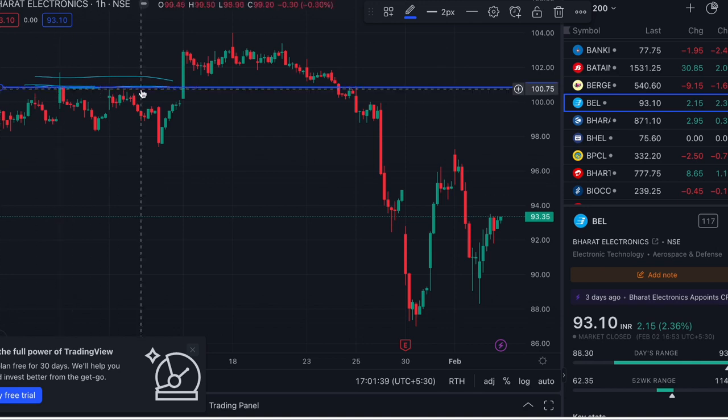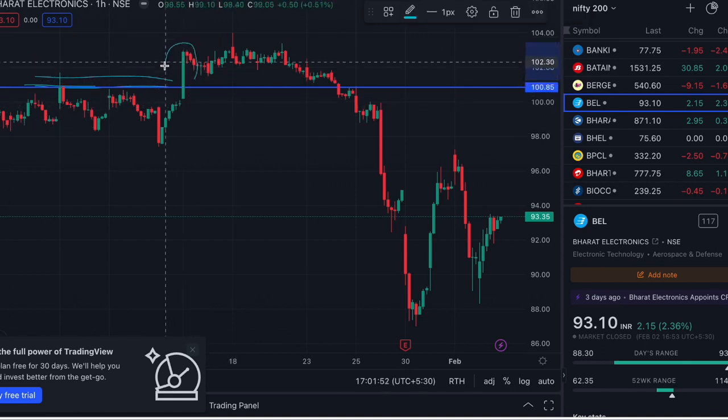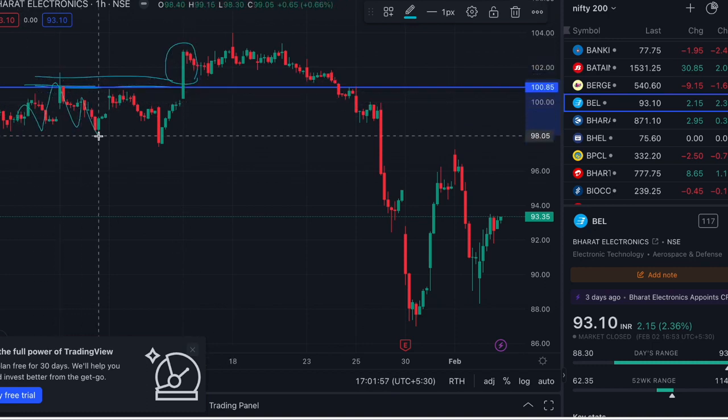After marking this, we have to look at the three conditions that we have learned. The first, it has crossed the previous high. Condition 1 has been met. There was a substantial fight between the buyers and sellers. This is a concentration point over here.